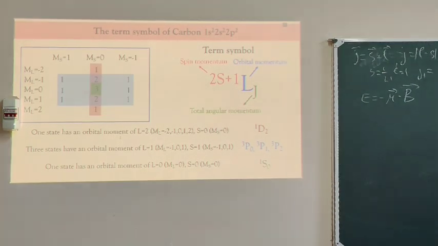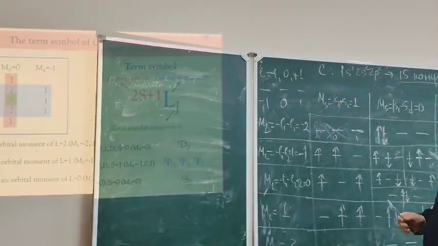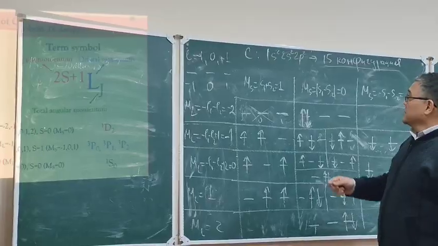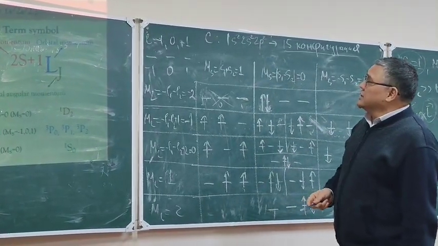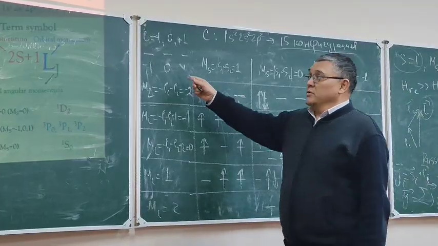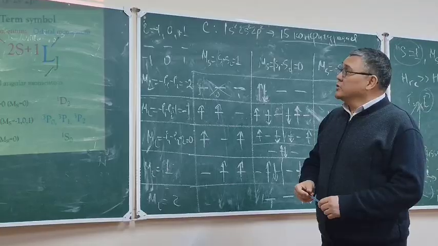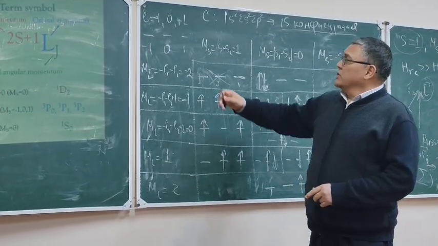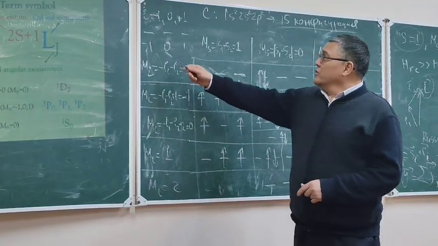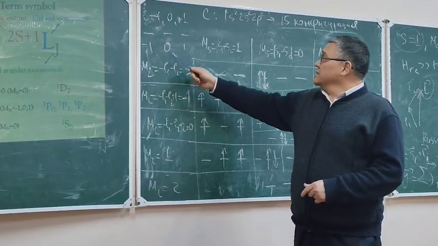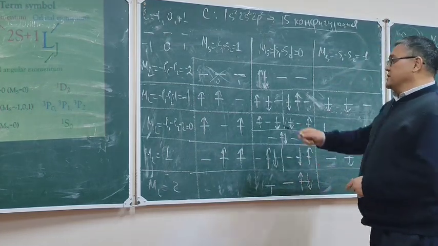Now, if you look here at the carbon atom, we have L equal to 1, because p corresponds to the orbital value L equal to 1. L equal to 1 we can divide into 3 levels, having values of -1, 0, and 1. I put here this table.